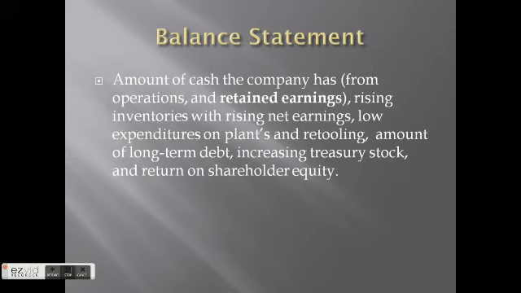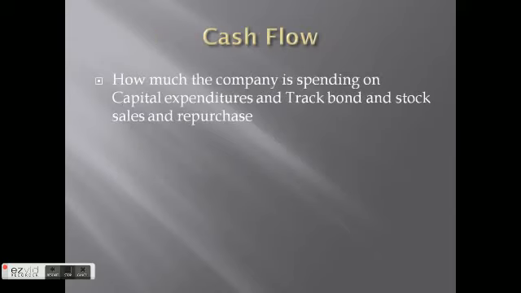He also looks at rising inventories with rising net earnings and low expenditures on plants and retooling, and the amount of long-term debt a company has to pay. Increasing treasury stock, meaning buybacks, how much the company is buying back its stock, and of course return on shareholder equity. Lastly, when he goes to cash flow, he looks at how much the company essentially is spending on capital expenditures, and he tracks bond and stock sales and repurchases.